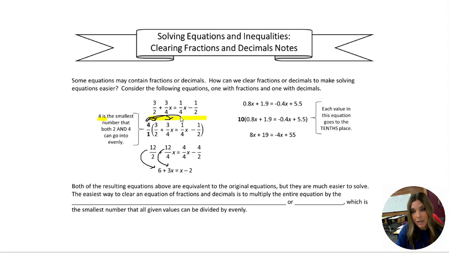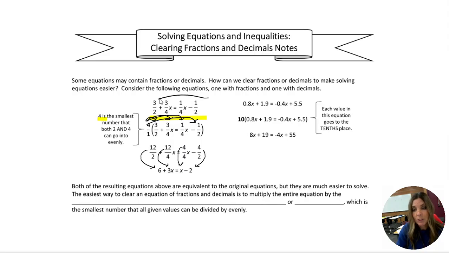Then 4 over 1 times 1 over 4 is 4 over 4, which is the same as 1x. And for the last one, 4 over 1 times negative 1 over 2 gives you negative 4 over 2, which is the same thing as negative 2.